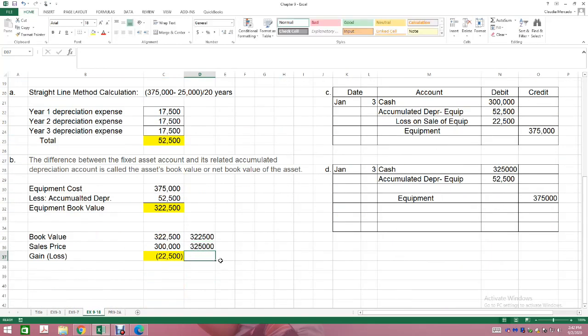So now I can figure out if I have a gain or a loss. And in this case, I've got a gain of $2,500. And it's a positive, that's why it's a gain. You always get your book value minus your sales price, and that's going to give you your gain or loss.